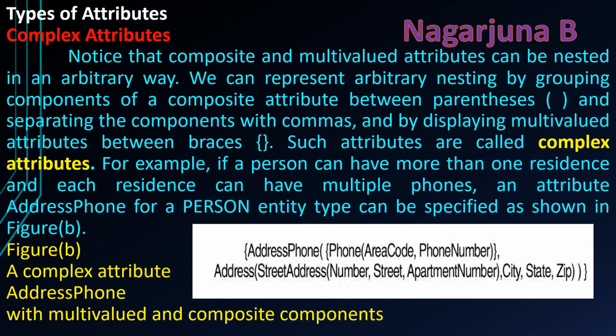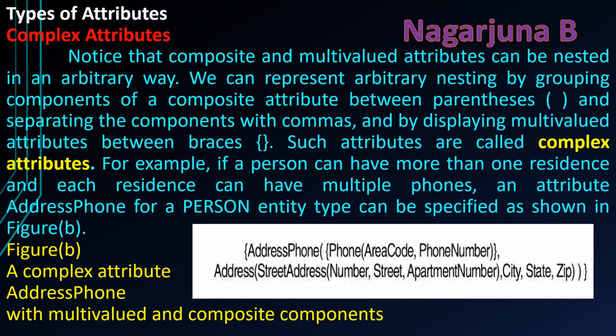As you know, a composite attribute is an attribute which can be further subdivided into simple attributes, and a multivalued attribute means an attribute which has more than one value. A complex attribute is the combination of composite and multivalued attributes which can be nested.